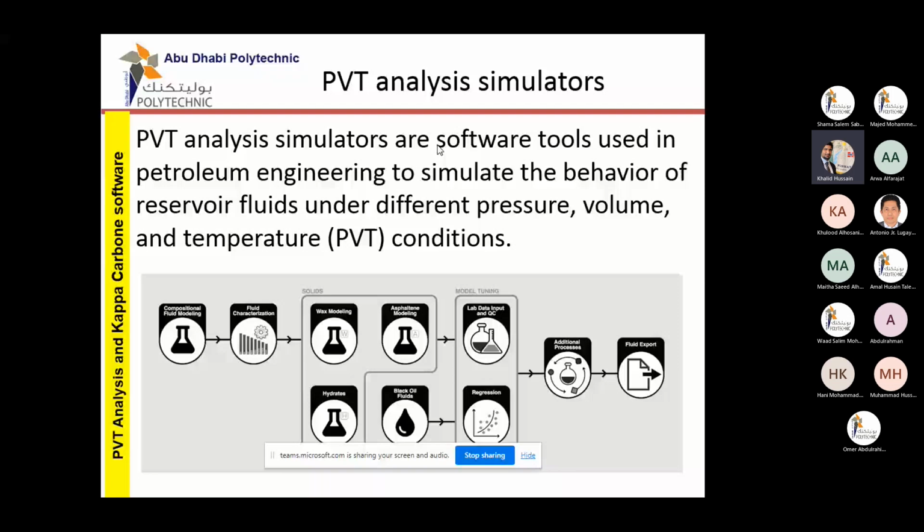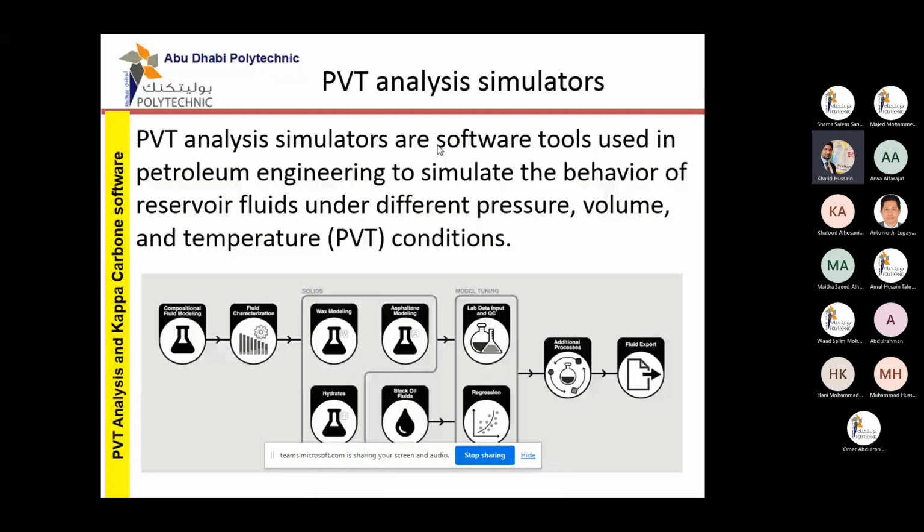We are not sure if these experiments were done in the correct way or not, because there's always human error and contamination. So we need to fine-tune the data. We need to verify if our experiments are correct and if the sample we analyzed was handled in a proper way, and that's why we need the PVT simulator.